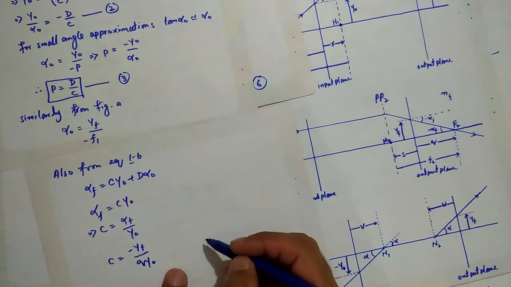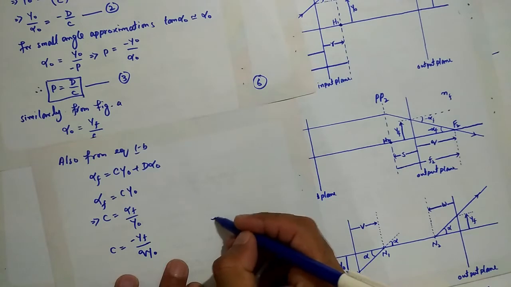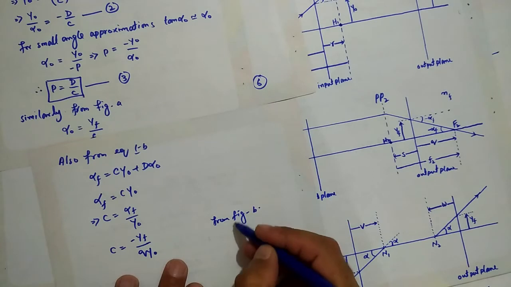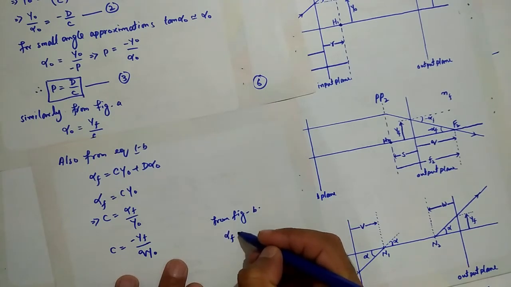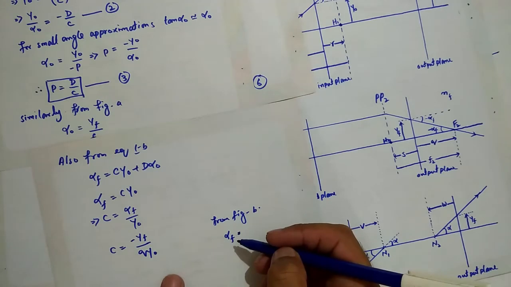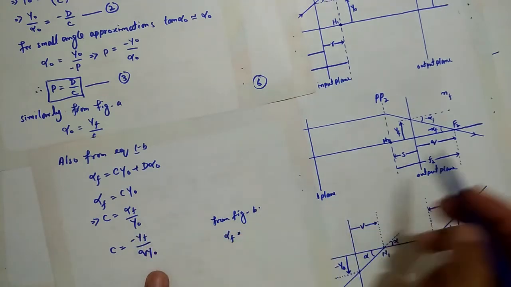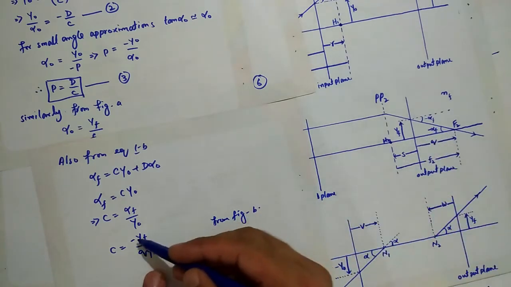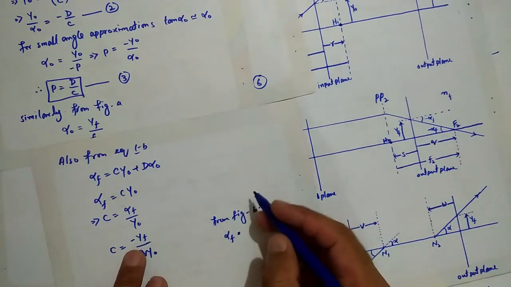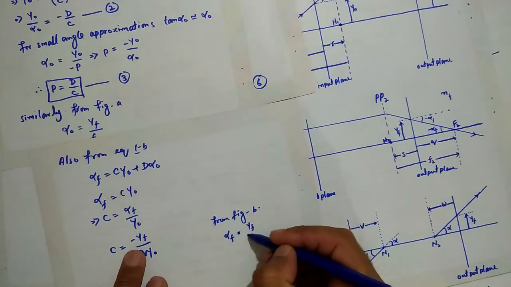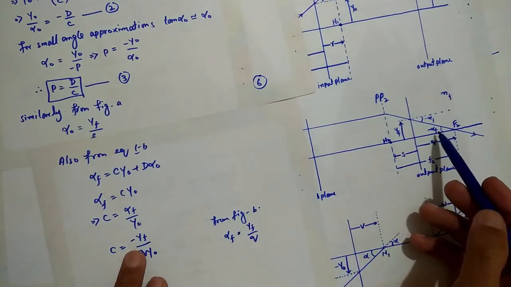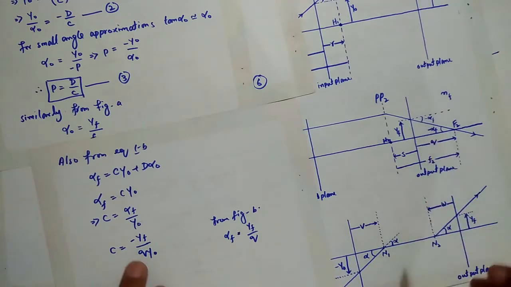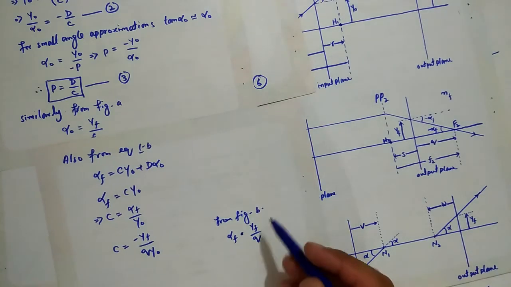I will write it here that from figure B, alpha f is equal to yf over q. But here you see that this angle is below the optical axis, therefore this angle is taken negative.